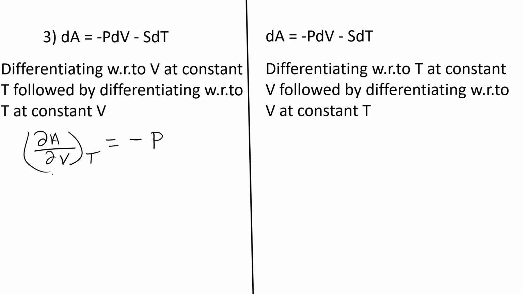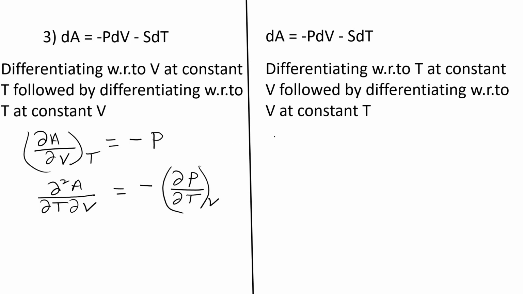Now, once again, with respect to temperature at constant volume. So, ∂²A/∂T∂V is equal to minus ∂P/∂T at constant volume. Now here, in the reverse way we will do.